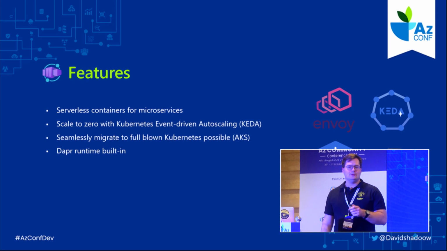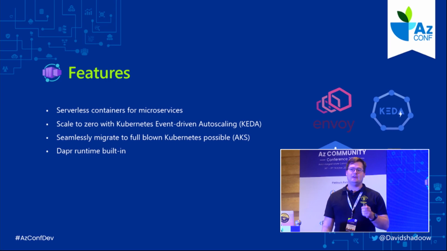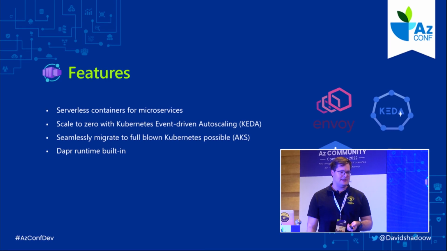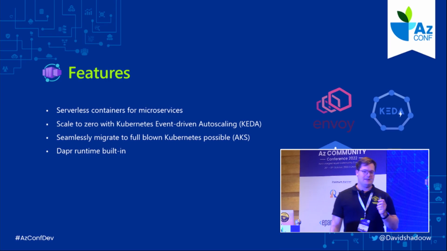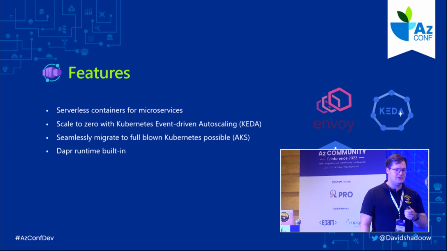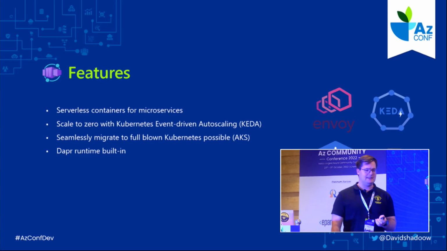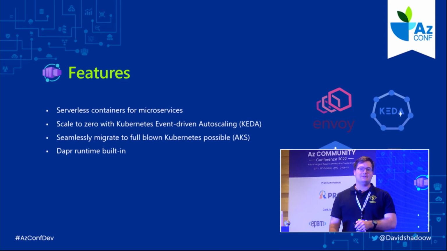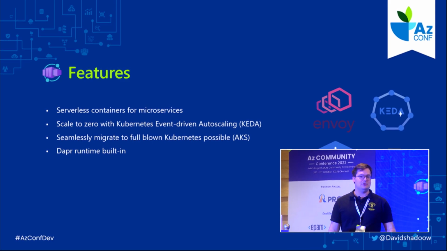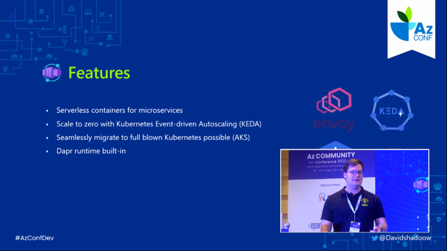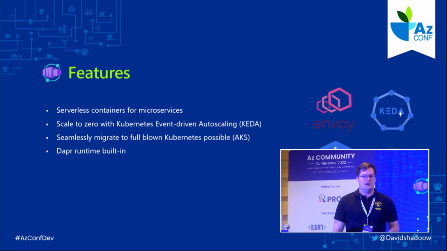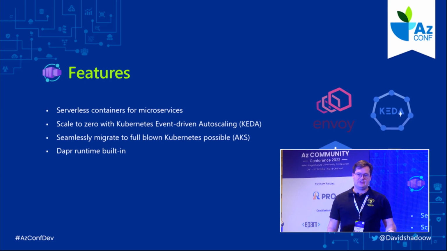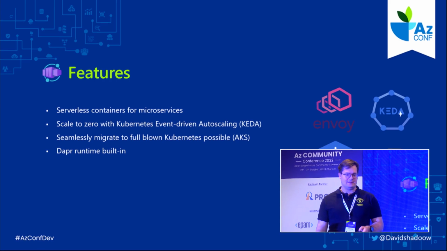You'll get some of the really good CNCF projects from the Cloud Native Computing Foundation, like built-in support for KEDA, Kubernetes Event-Driven Autoscaling, and built-in support for Envoy. You can migrate really easily to AKS if you need more control over ingress and egress, and if you want to run extra CNCF projects.